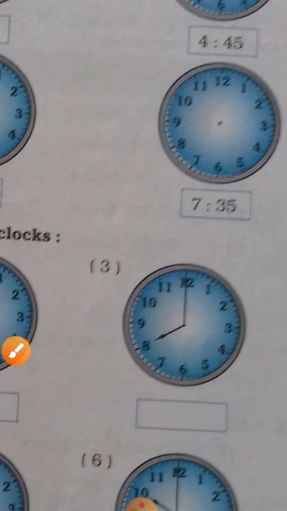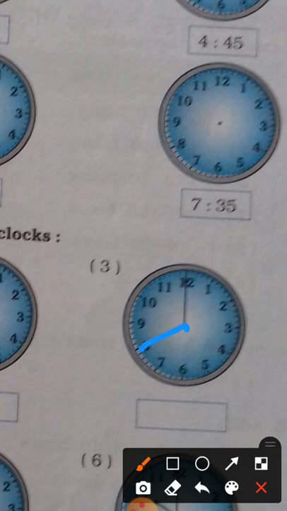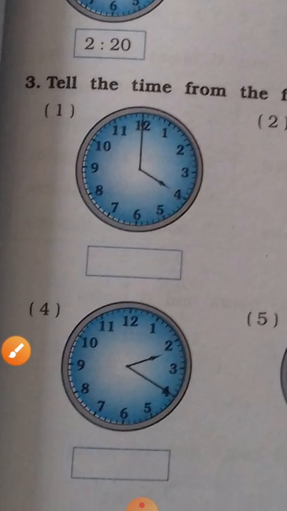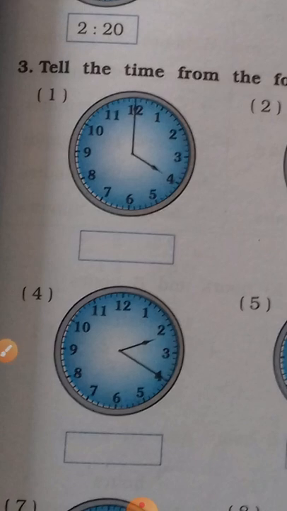Then third number, the hour hand is on 8 and the minute hand is on 12. So it shows us 8 o'clock. No minutes, only 8 o'clock. Then here the hour hand is between 2 and 3, means it is already 2 o'clock.